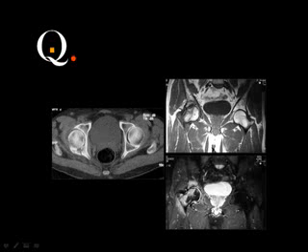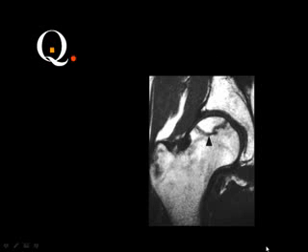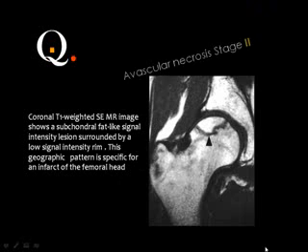Then if you see this CT, you can reach the diagnosis, which is a fracture of the acetabulum with post-traumatic edema of the iliac bone and post-traumatic edema of the femoral neck. Then slipped capital femoral epiphysis, avascular necrosis stage 2.